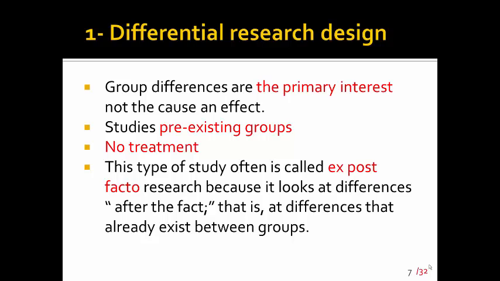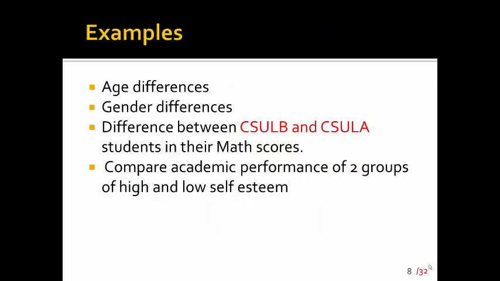The differential research is when you are comparing pre-existing groups and you don't have any treatment. This is a kind of research that we already talked about, and it's called ex post facto, or after the fact. This means you compare two groups but there is no treatment and you have no control over the treatment.